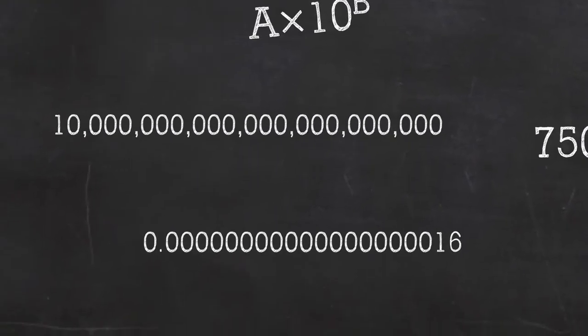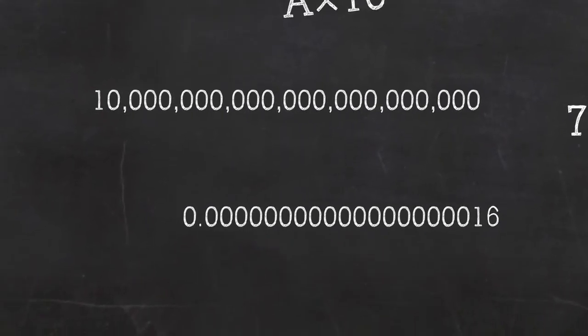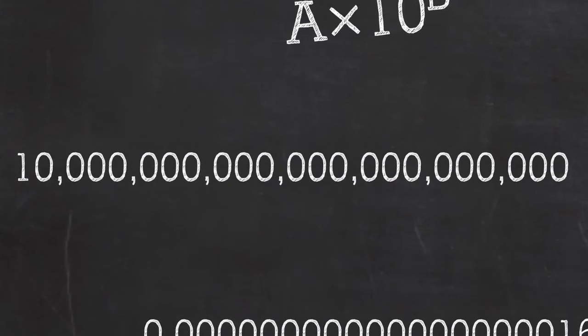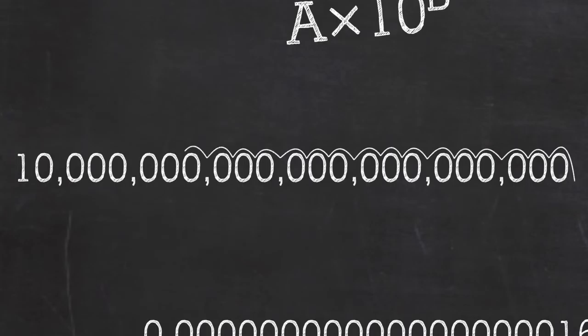You should now be able to write our original very large number and very small number in scientific notation. For the large number, the decimal point hops over 22 digits and is left with a 1 in front of it. Don't worry, you won't have to do this very often. Most numbers like this are normally already written in scientific notation.